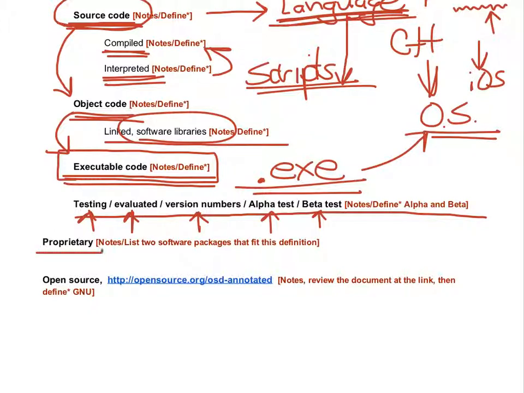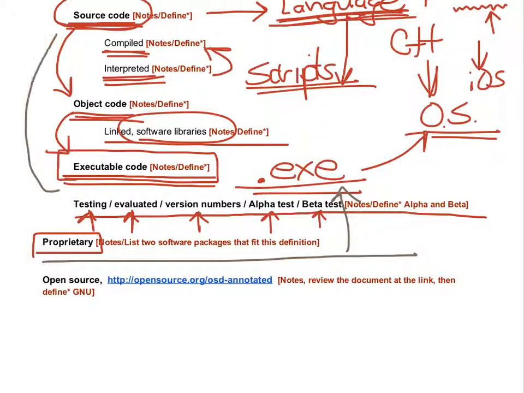Proprietary software is typically software that once you build the executable, you usually lease, or some people say they sell, that software for people to use, and they cannot decompile it. They cannot take it back to this stage, make changes, and create it again.